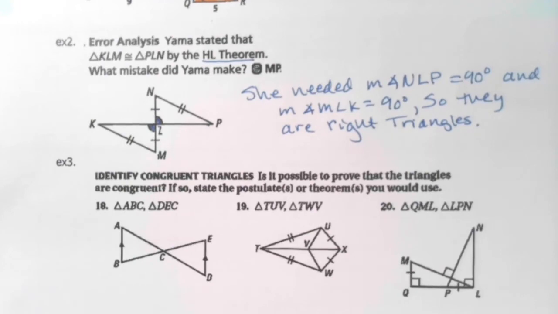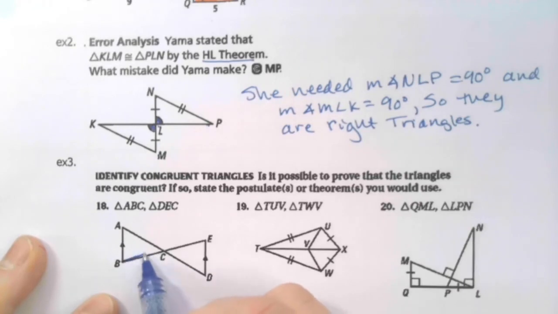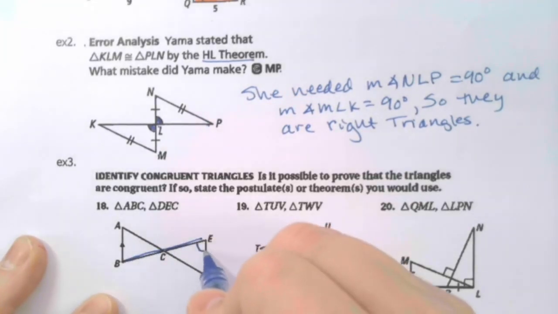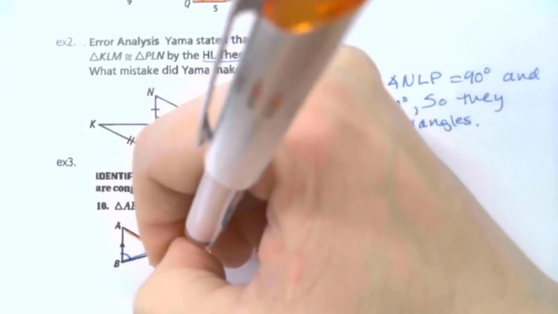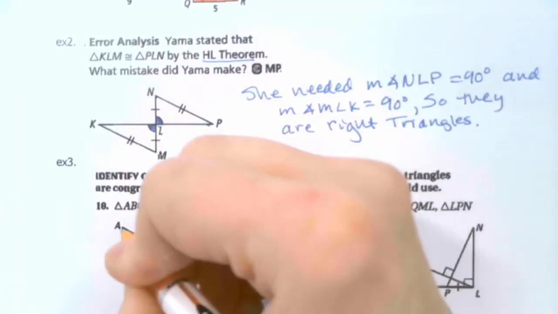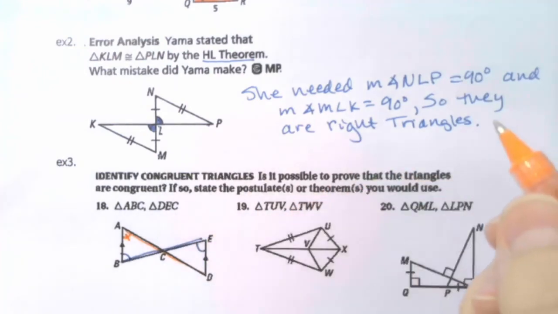Identify congruent triangles. Is it possible to prove that the triangles are congruent? If so, state the postulates or theorems that you would use. Okay, so we do have two parallel lines. If we look at this transversal, that would give us E and B being congruent. If we look at this transversal, that would give us A and D congruent.